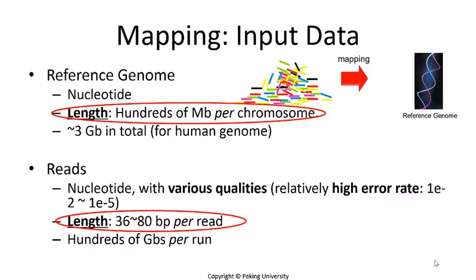In the Needleman-Wunsch algorithm and Smith-Waterman algorithm, we assume that the two sequences are of similar length. However, in reads mapping, the lengths of two sequences have a difference by orders of magnitude. The length of reads is often no more than 100 BP, while the length of a reference genome is often hundreds of MB. The second difference is the data size.